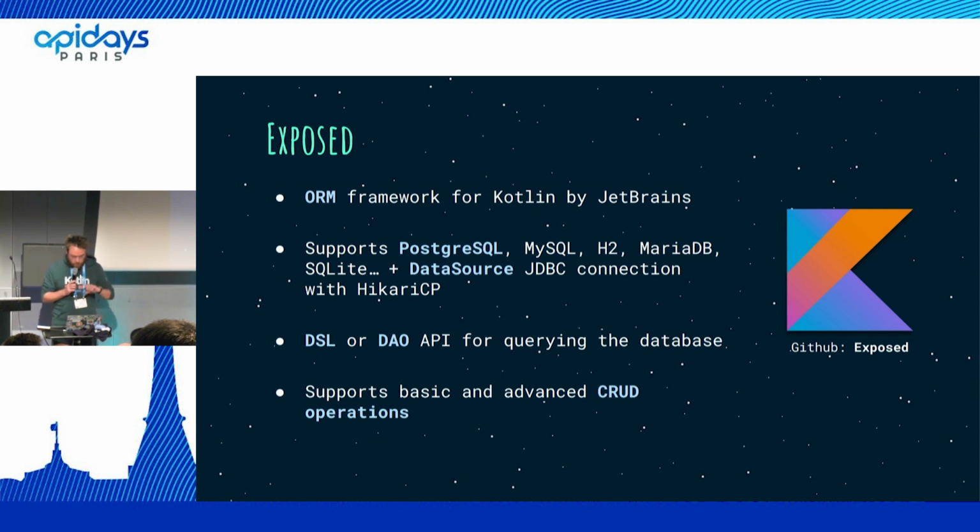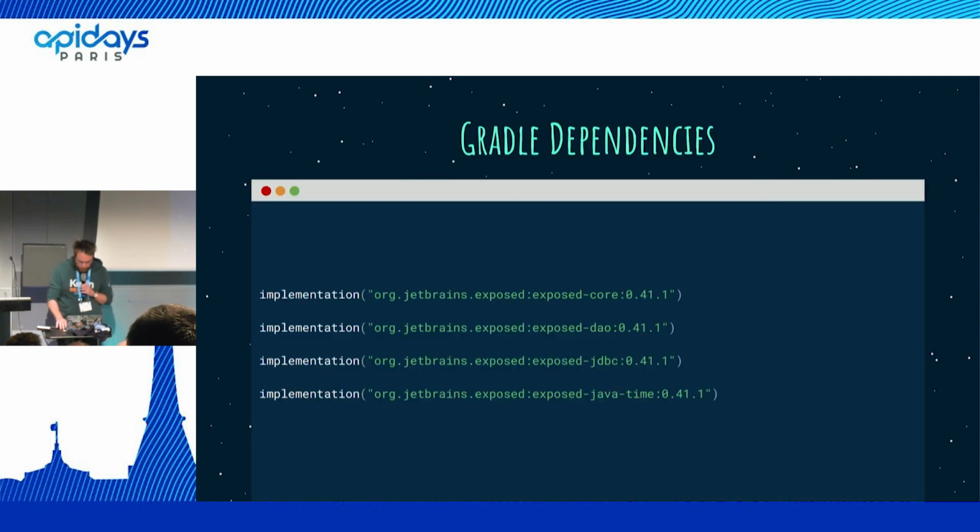To make the connection, we're going to use JDBC and R2DBC. To query our database, we will be able to use a DAO API or DSL, and it supports all the basic CRUD operations or advanced ones.